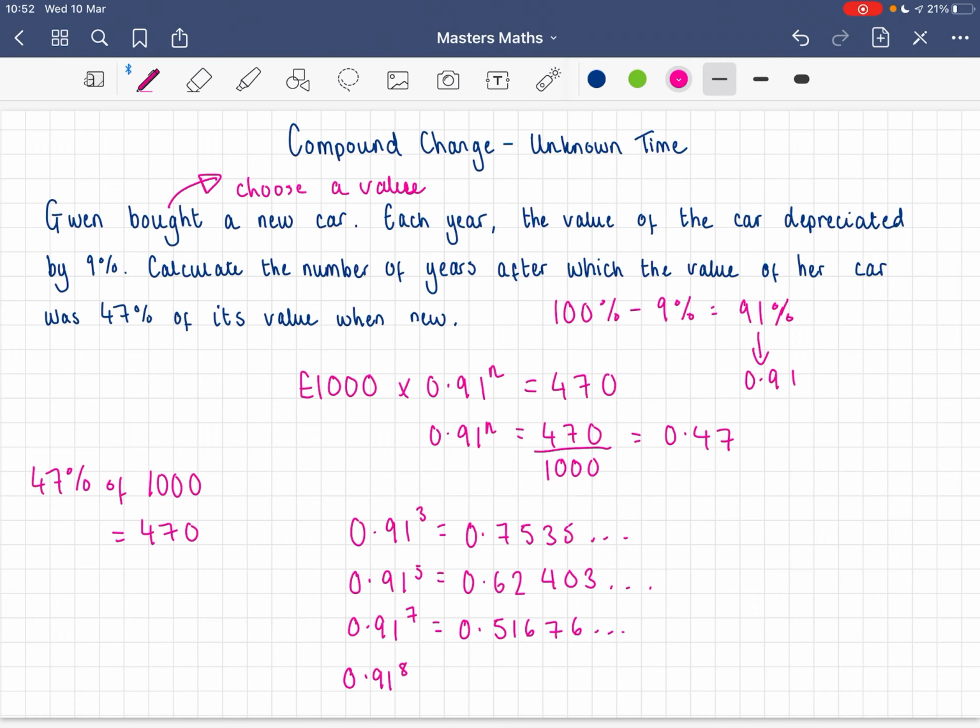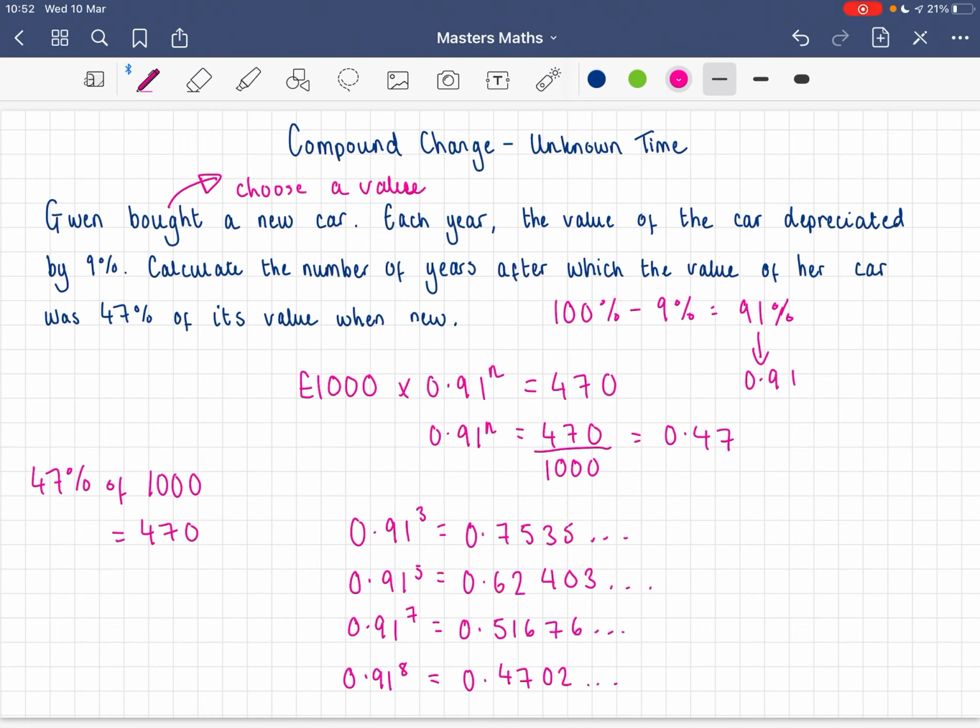Let's try 0.91 to the power of 8. Surely it's not going to be 8 again. It is. That gives me 0.4702, etc. But if we round that, that's 0.47, that's 47% of the original value.